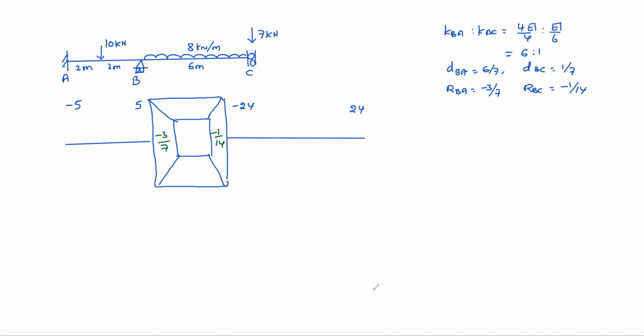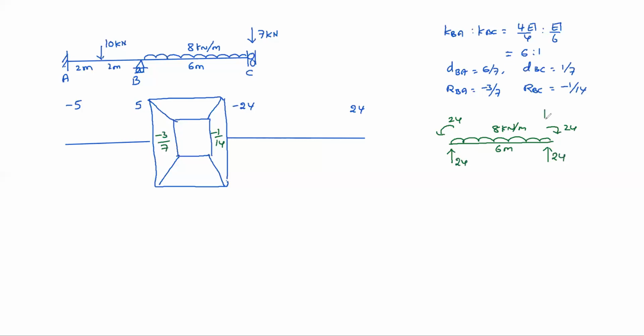Here we have a load like this, 8 kilonewton per meter. Here anti-clockwise 24 and clockwise 24 are there. Now the span is 6 meters. So the reactions are now 48, which means 24, 24.